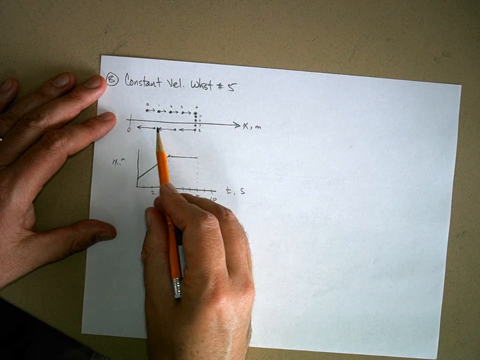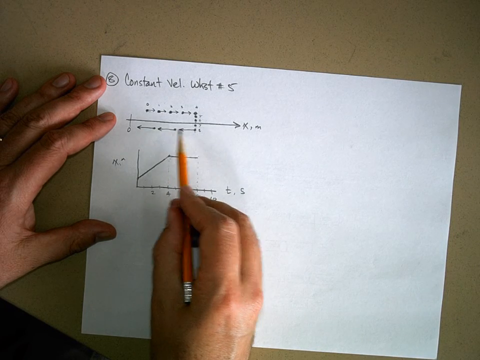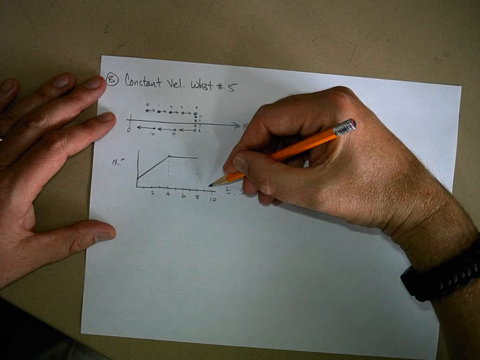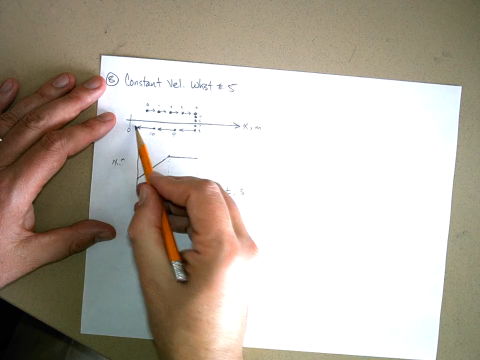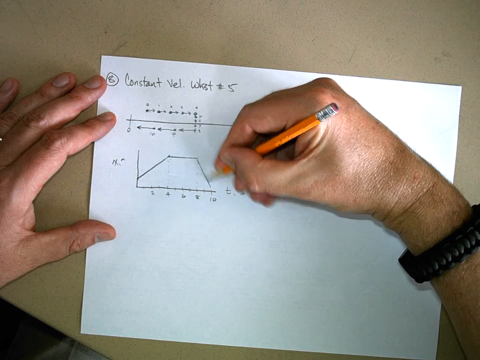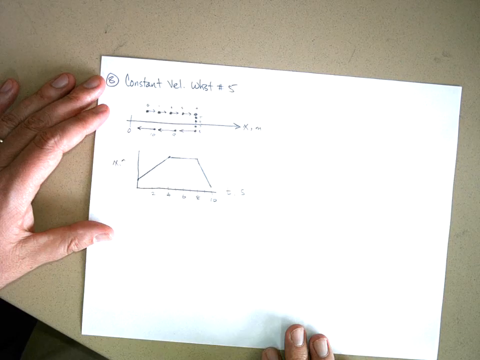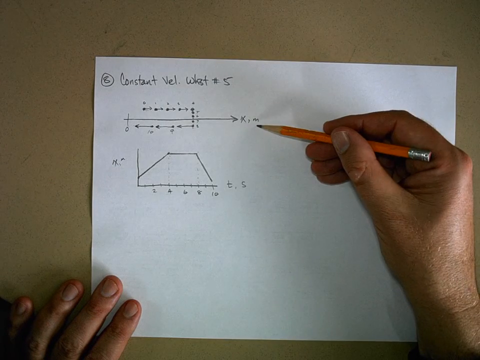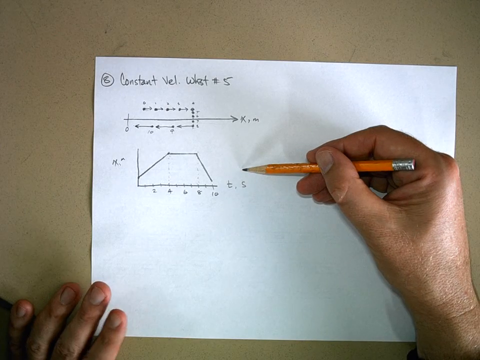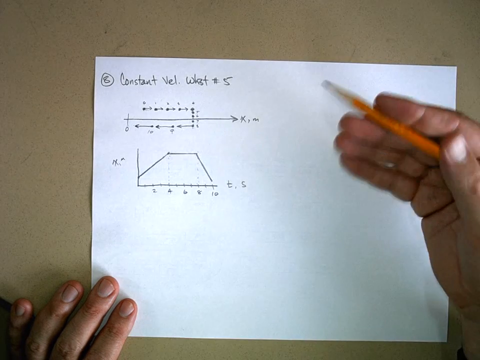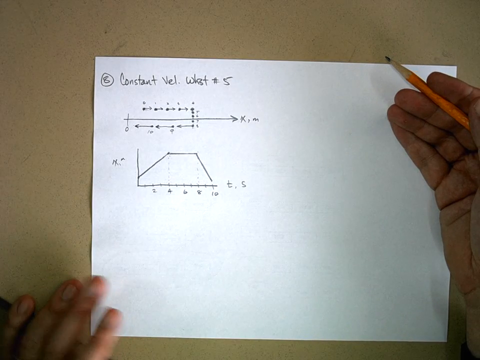I'm going fairly fast for 8, 9, 10 seconds. I'm going down. And it looks like I'm almost to the origin, not quite. Okay? So based on this motion diagram, I would draw this position versus time graph. Now, based on this, can I draw a velocity versus time graph? Oh, yeah.